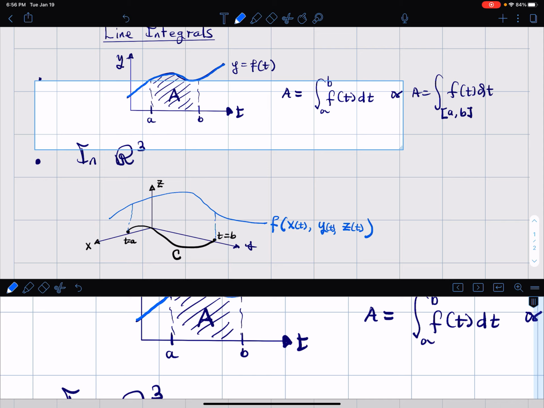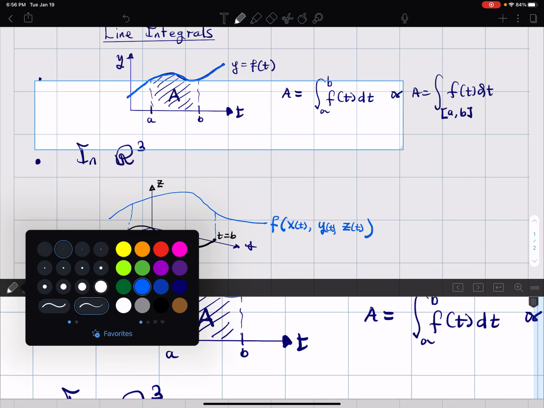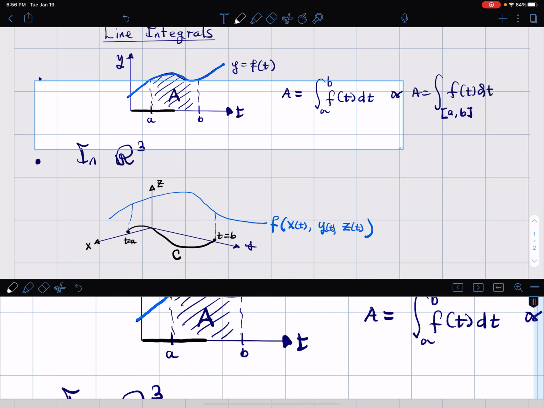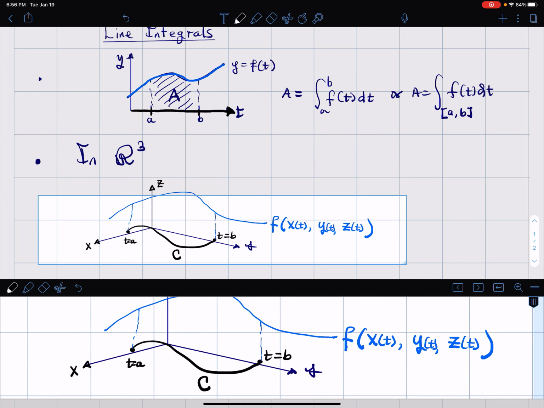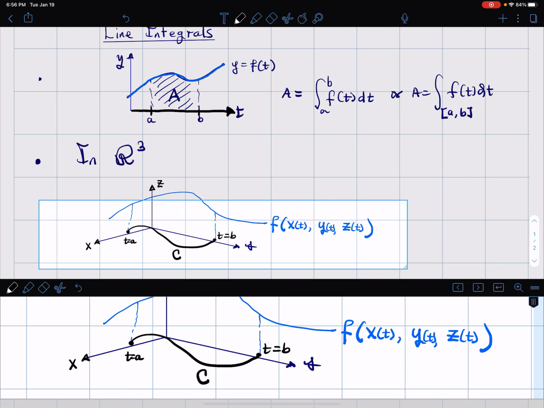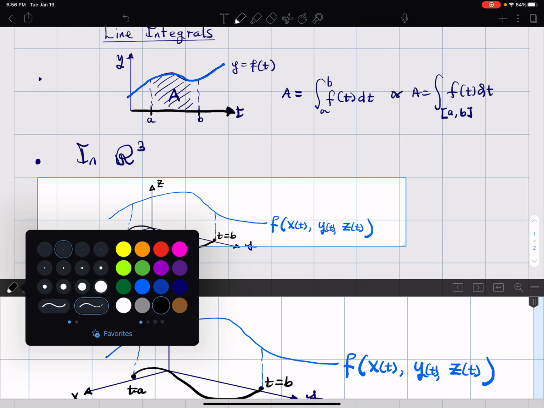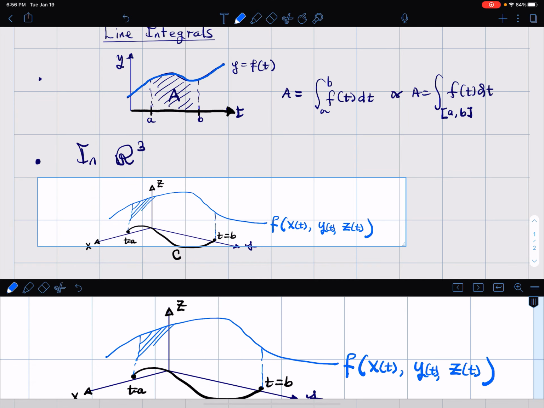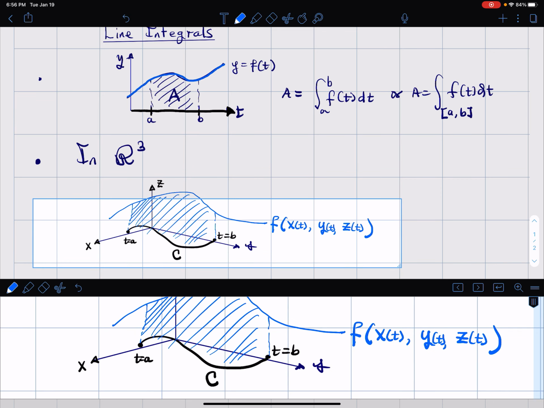And instead of our horizontal axis here, going from A to B, we have a curve that is no longer horizontal, it's just an arbitrary curve. And the whole point is to find the area under the blue curve but on top of the black curve from A to B. So we're looking for this area now.